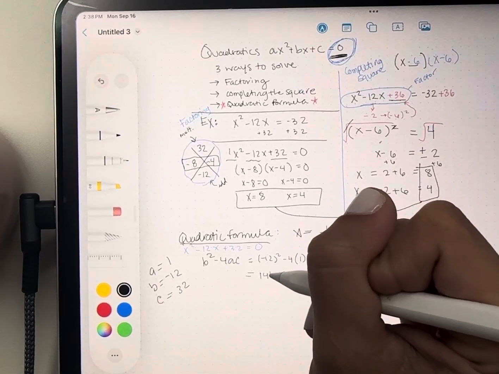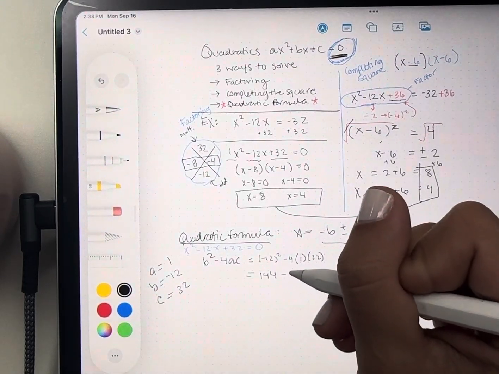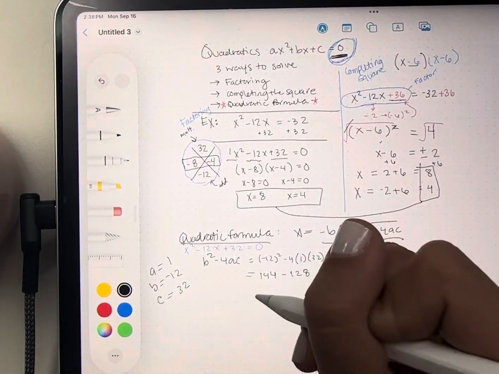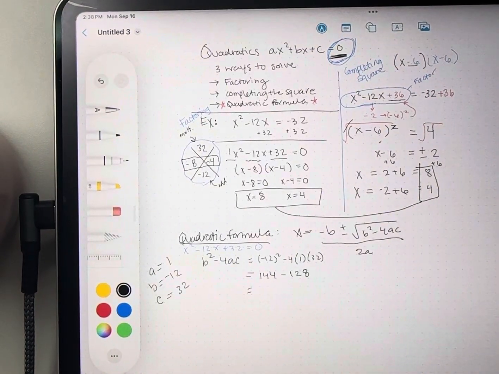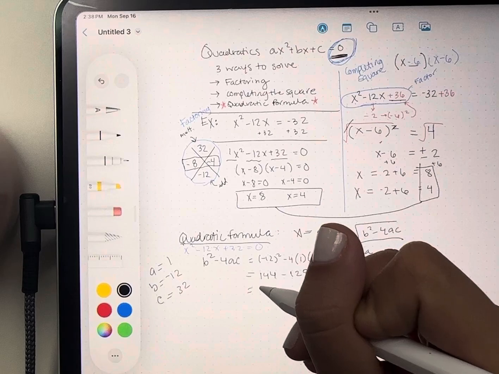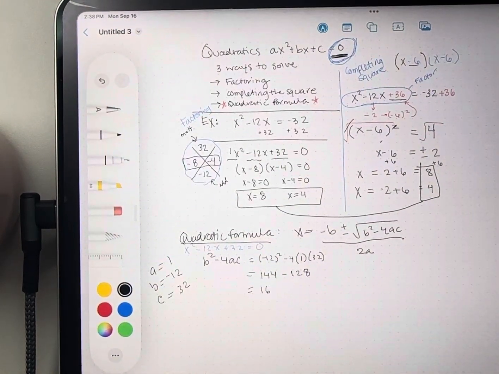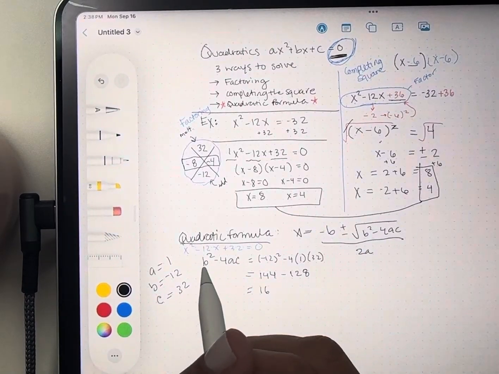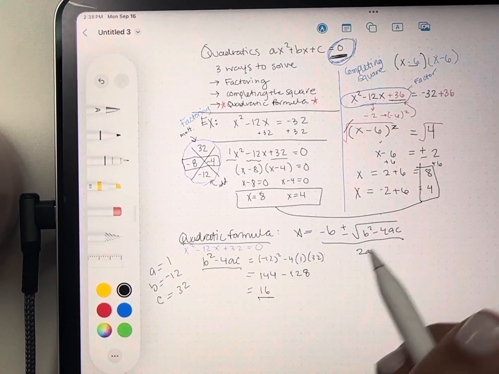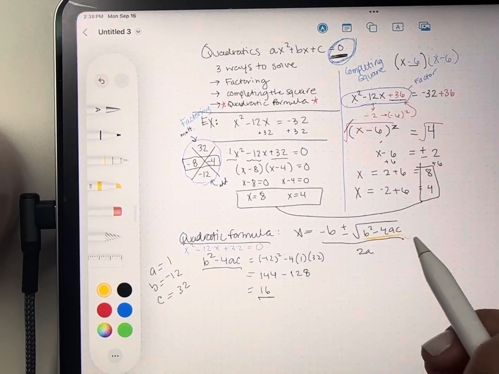So this is 144 minus, and then 4 times 32 is 128. And then this will be 144 minus 128 will be 16. Yeah, I think it is 16. So b squared minus 4ac is 16. That means this part right here under this radical is just 16.